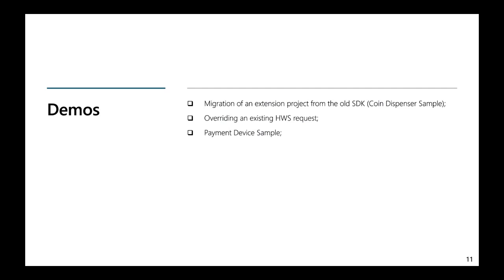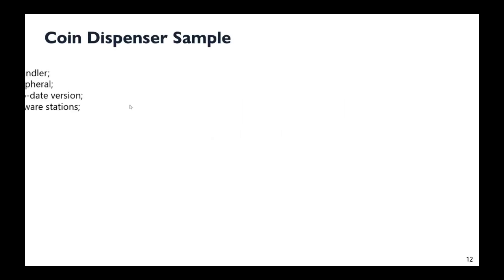We are going to show what you need to do both to migrate the up-to-date format and the deprecated format into the new SDK. The second demo will be about overriding an existing hardware station request. And the third demo will be about providing a sample payment device. So let's start with the first one.